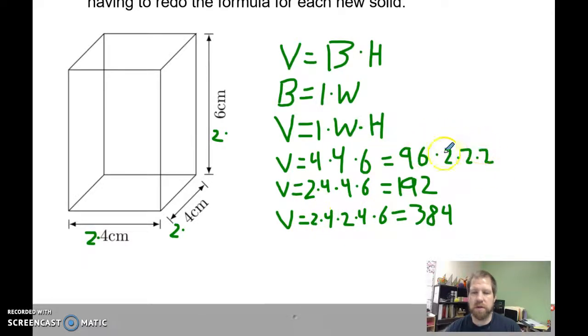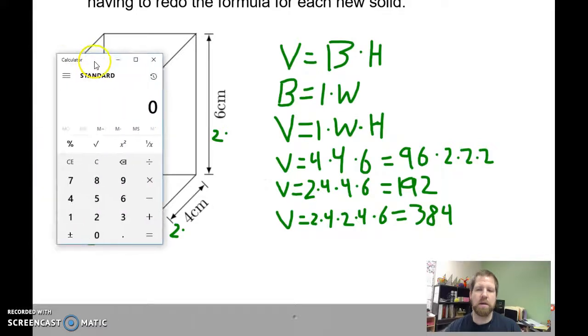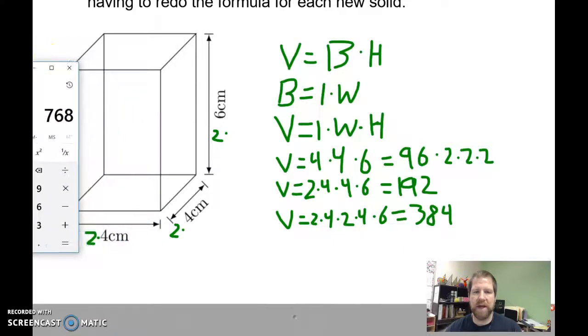So 2 times 2 times 2 is 8. My new volume, if I double all of my sides, should be 768. It should be 8 times as big as my original.